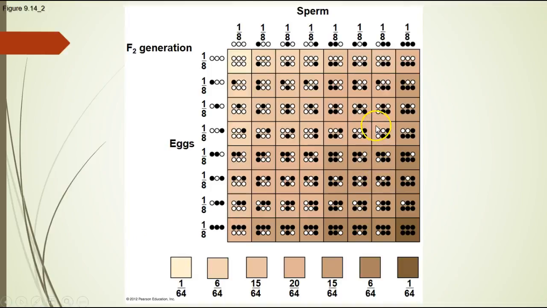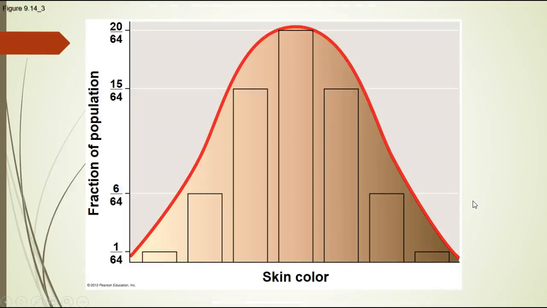This is a tri-hybrid cross, and so you'll end up with, in your population, 1/64 with very, very light, 1/64 with very, very dark, and all the different colors in between, which is why we see so much variation in skin color among humans. We can graph it like this and show what the fraction of the population is, and you'll see that it forms this bell-shaped curve, which is called a normal distribution, and that's commonly seen in traits that are coded by multiple genes.